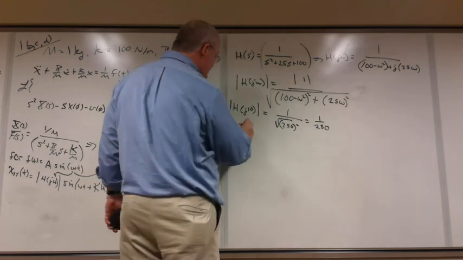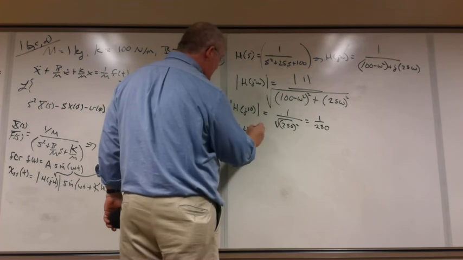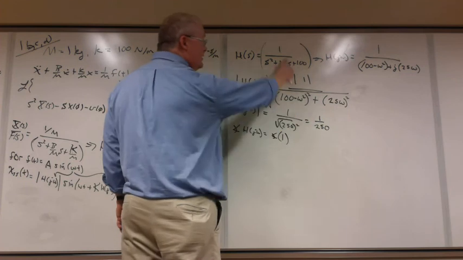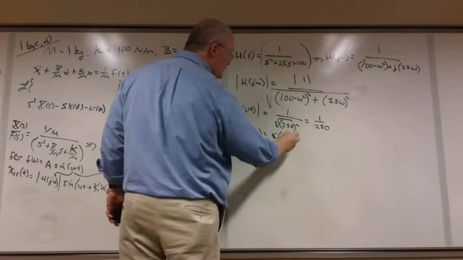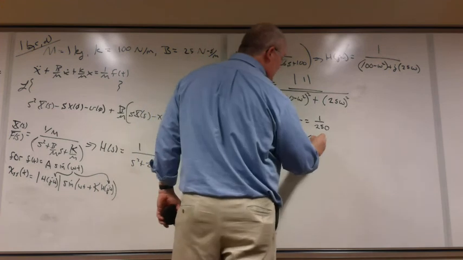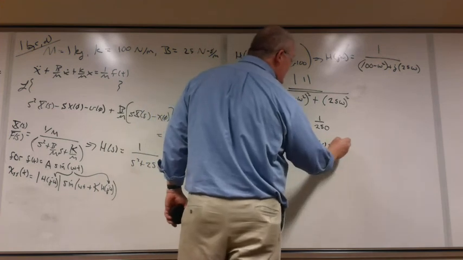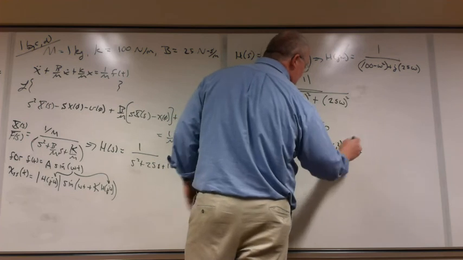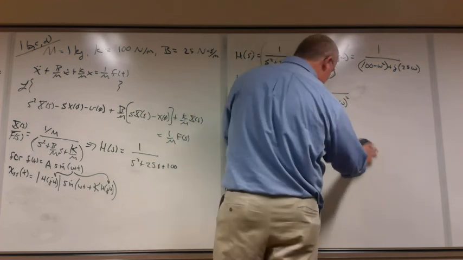The angle of h of j omega is going to be the angle of 1, the angle of the numerator, minus the angle of, and this is the tricky part, 100 minus omega squared plus j times 25 omega.